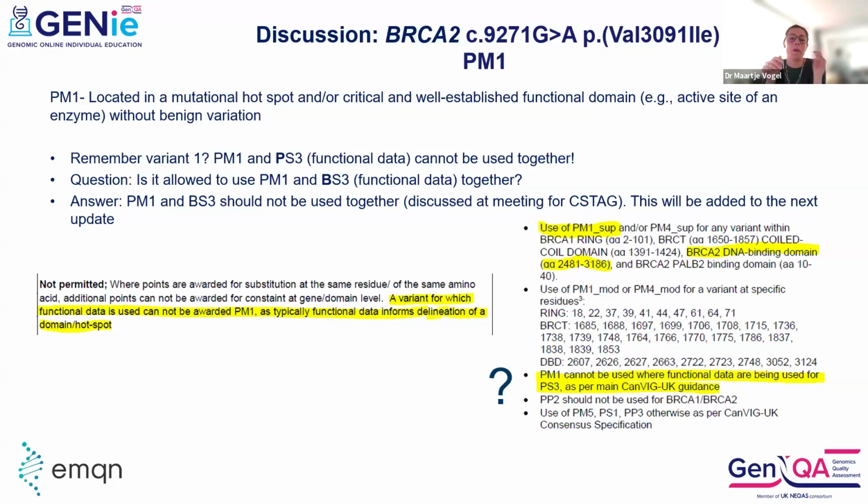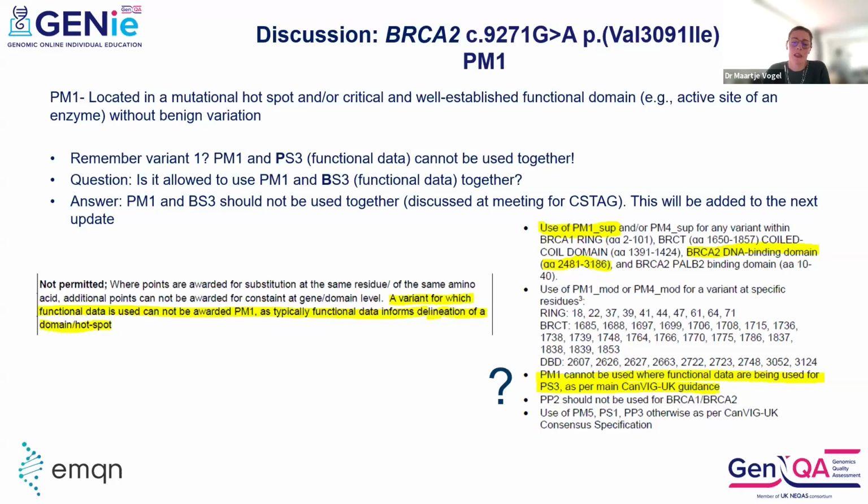And as you might remember, when I discussed variant 1, I told you that it's not allowed to use PM1 and PS3, so the functional data and PM1, together. But for this variant, we have functional data, but it's not a PS3, so functional data pointing in the direction of pathogenicity, but it's BS3, so the direction of benignity. And the question is, is it now allowed to use PM1 together with BS3?